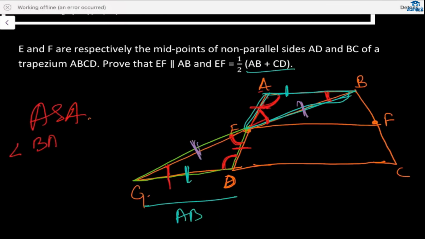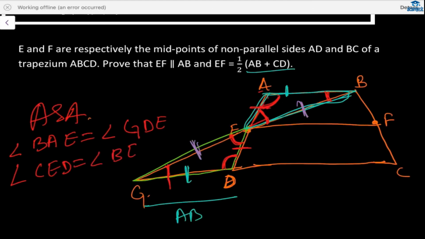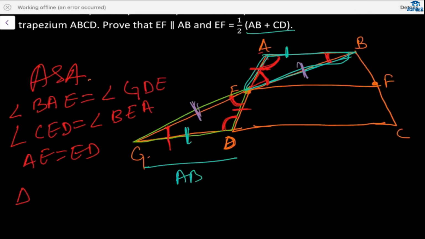ASA: angle BAE is equal to angle GDE, alternate angles, and angle GED is equal to angle BEA, these are vertically opposite angles, and AE is equal to ED, it is given. So triangle GDE is congruent to triangle BAE.